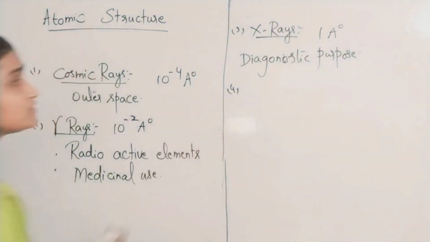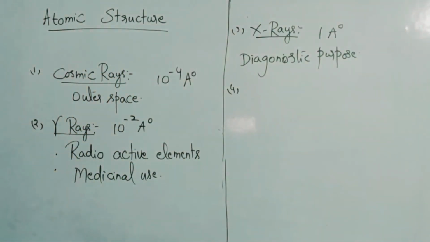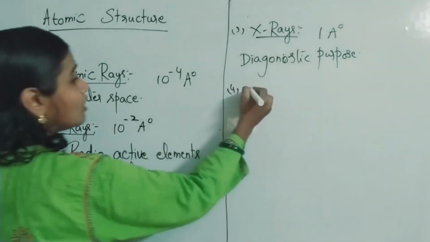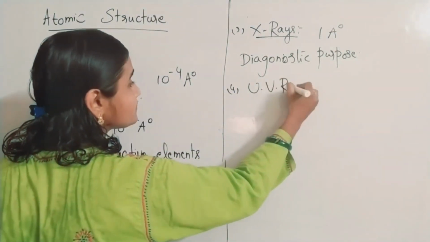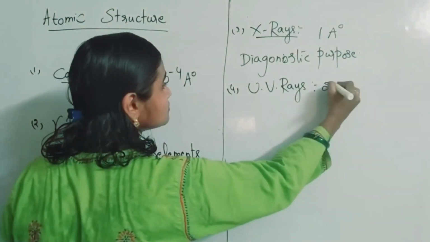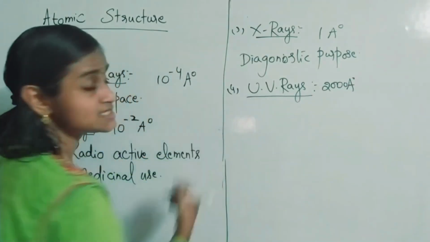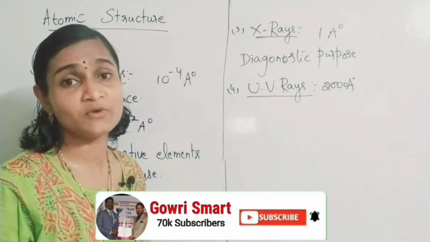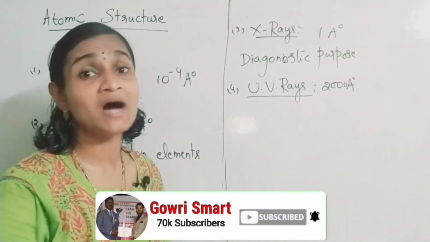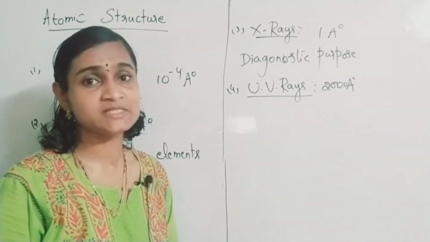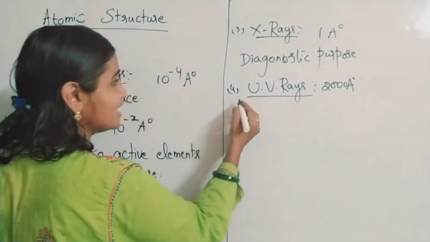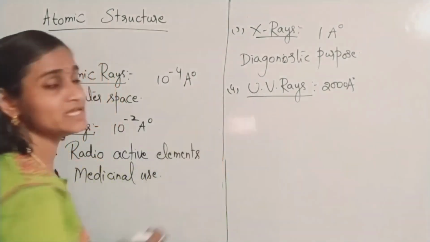And next, the fourth type of radiations are UV rays, which have a wavelength range of almost 2000 angstroms. Source is sunlight. You all know that UV rays are produced from sunlight and even from arc lamps, klystron bulbs. And where are you using these UV rays?